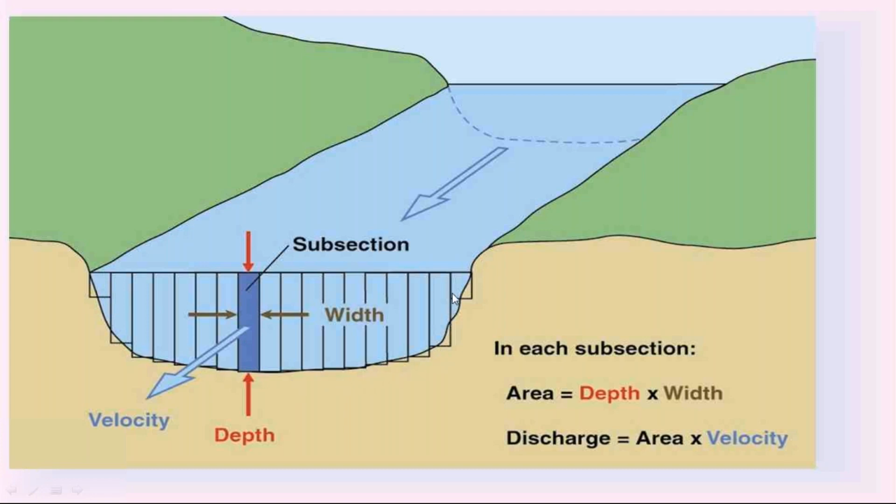Wetted area A is equal to channel width B into depth of flow Y, because it is almost rectangular. By using current meters or pitot tubes, I can calculate the velocity of water flow. This is the mean velocity.